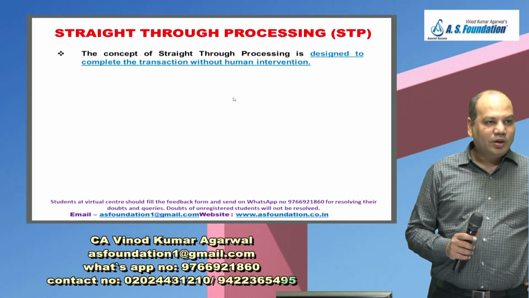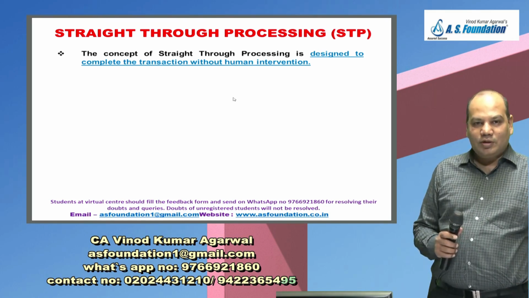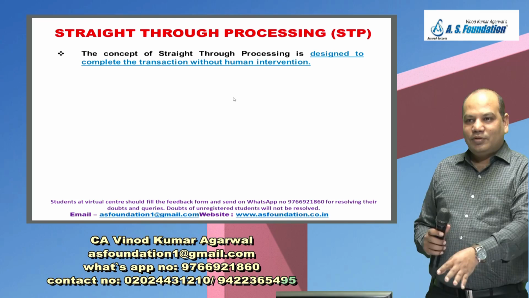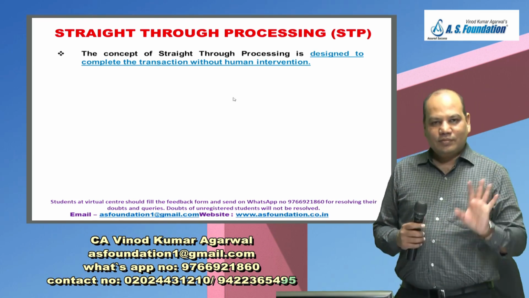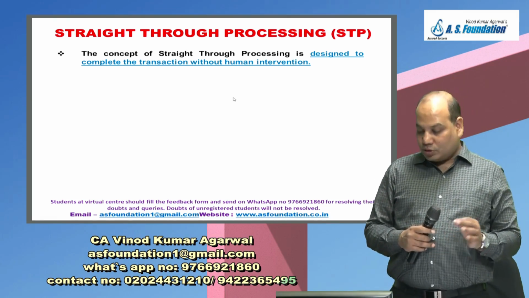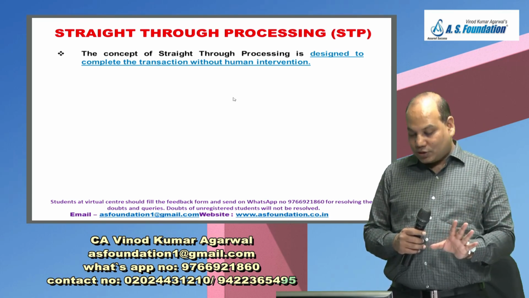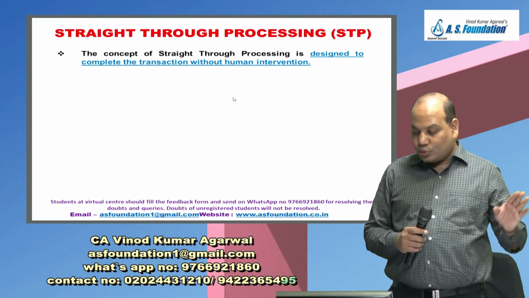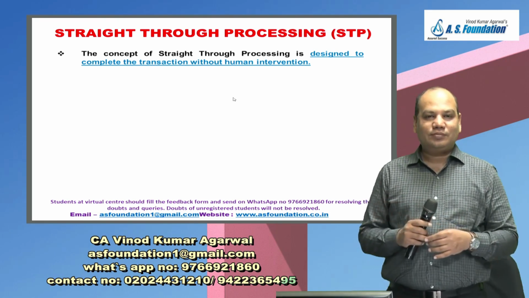What you learned, clearing house, clearing bank, custodian, NSCCL, gone or will go, because this technology called STP, straight through processing, is designed to complete the transaction without human intervention.